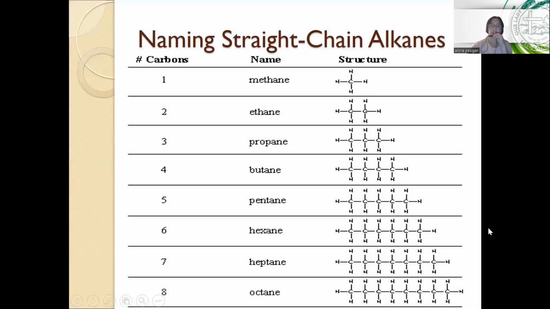Okay, so in naming a straight chain alkane, we simply use their names. Like this one, CH4, the name is methane.